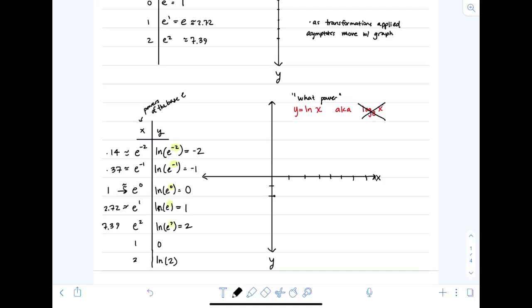And at 0.37, we're at -1. And at 1, we're at 0. And at 2.72, we're at 1. And at 7.39, we're at 2. So the growth definitely slows down.